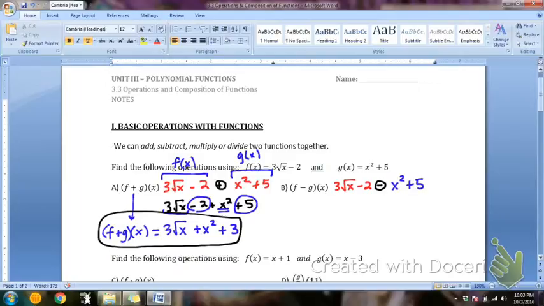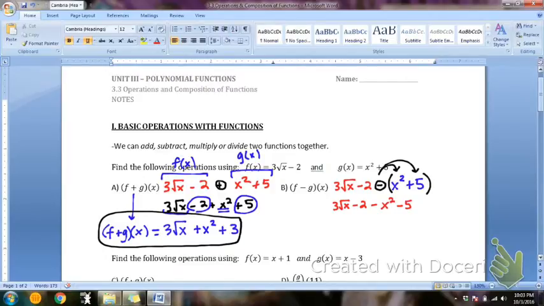But something to note with subtraction is that I am subtracting this entire g function, which means I'm going to have to distribute my subtraction sign. So whenever you have a subtraction problem, this is the one tricky thing, you're going to have to remember to distribute your negative sign. So if I rewrite this, I have 3 radical x minus 2 minus x squared minus 5.